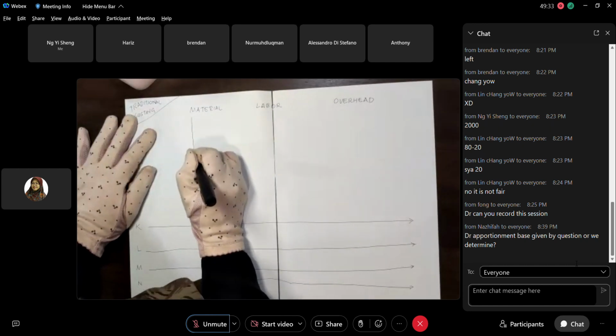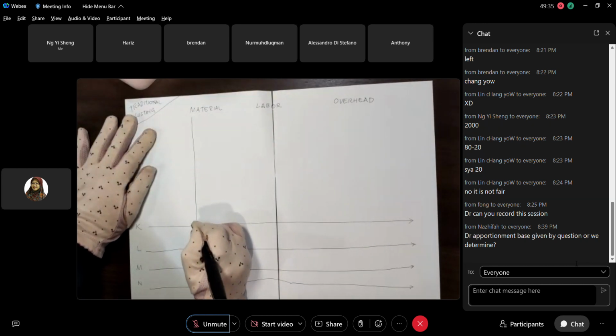For material, you want K, L, M, N to absorb the cost.